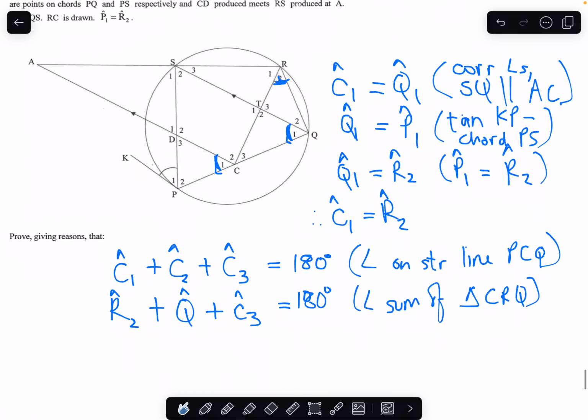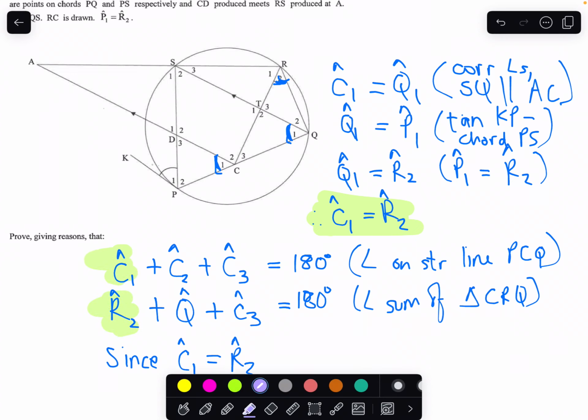Okay, so since C1 is equal to R2, right? We have that there, and we have C1 and R2 showing up here, and C3 is common to both sums.